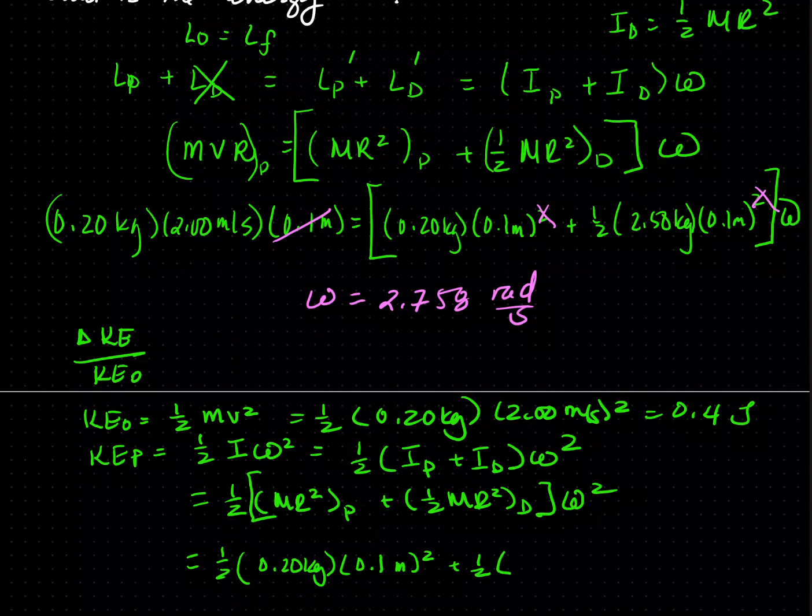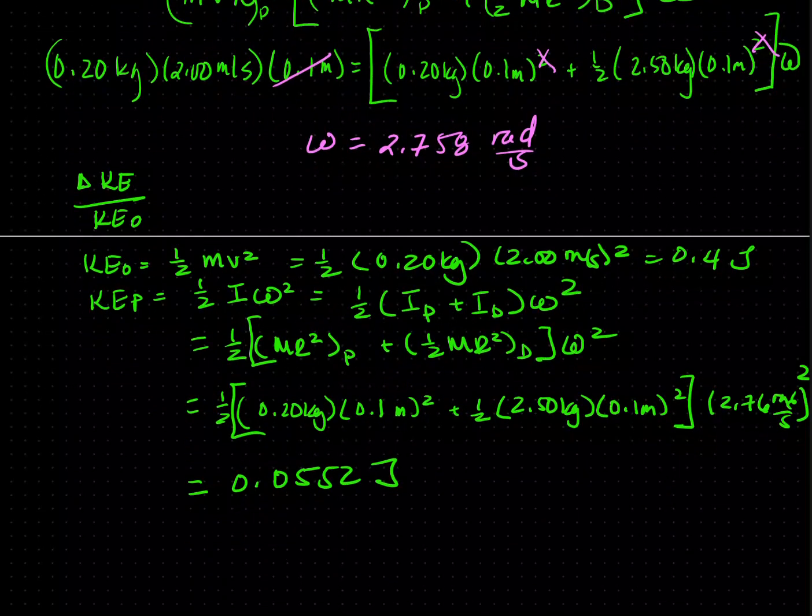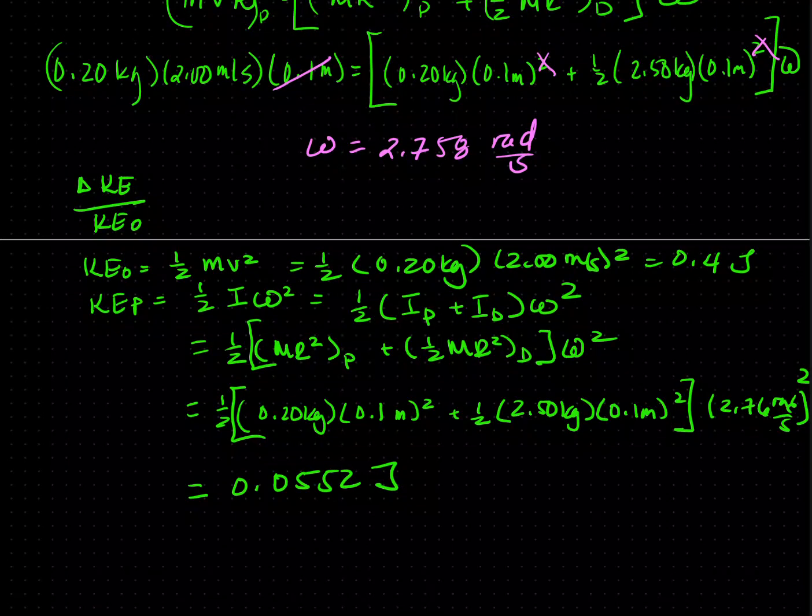The disk is 2.5 kilograms times 0.1 meters squared, which you could pretty much pull out because it is the same, multiplied by the omega, which we calculated as 2.76 rads per second, and we're going to square that, which equals 0.0552 joules.